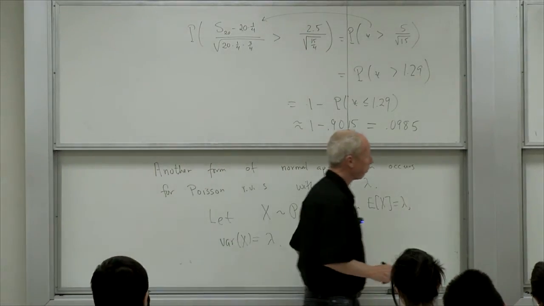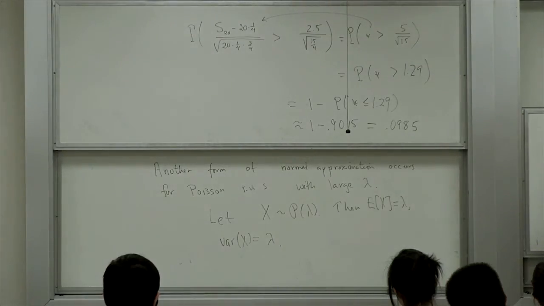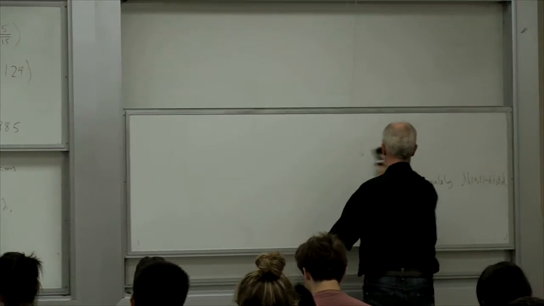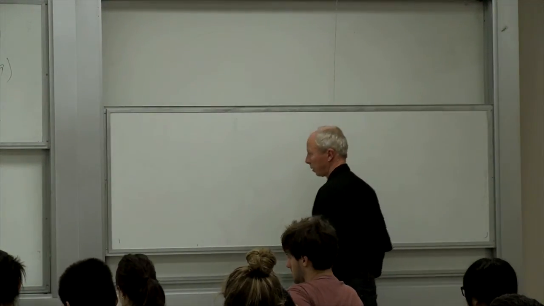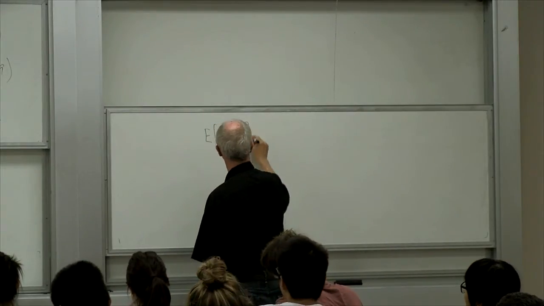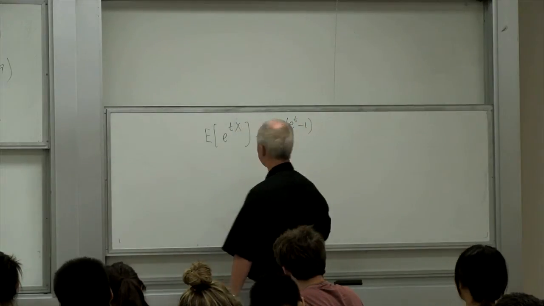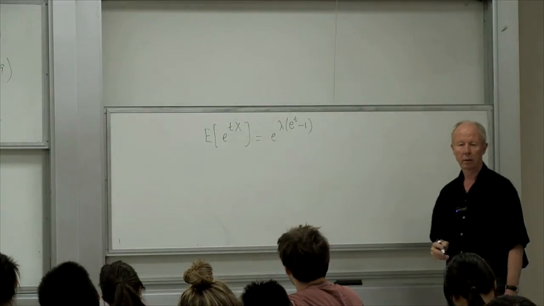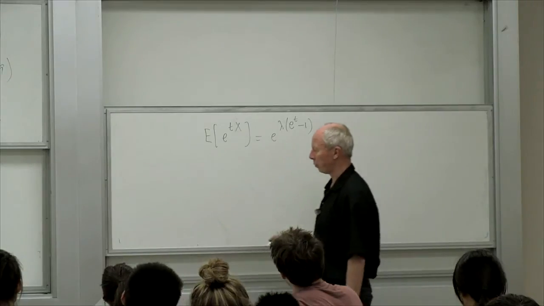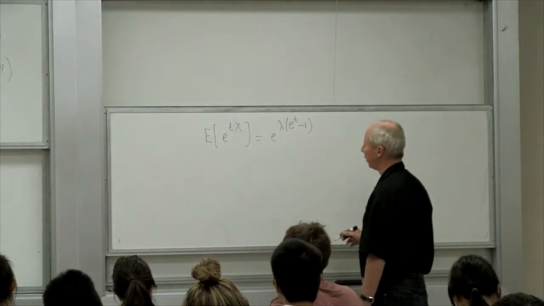Remember the moment generating function for Poisson? That allows you to compute the mean and variance quite easily.